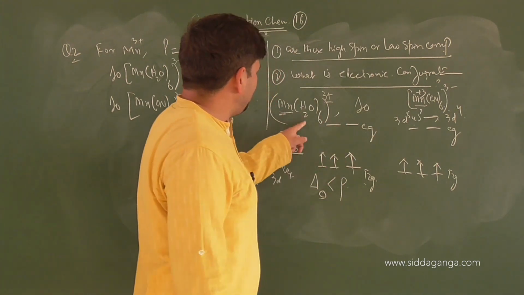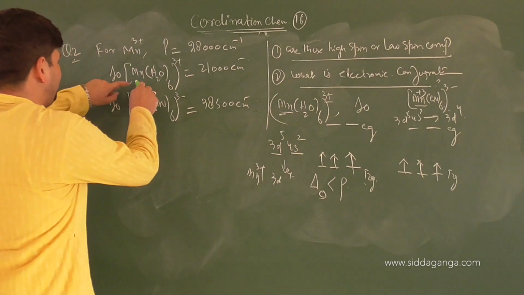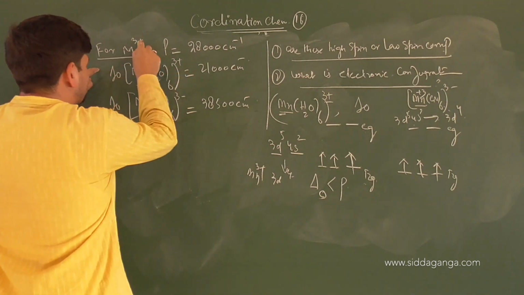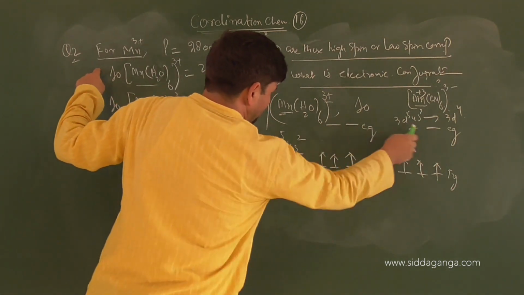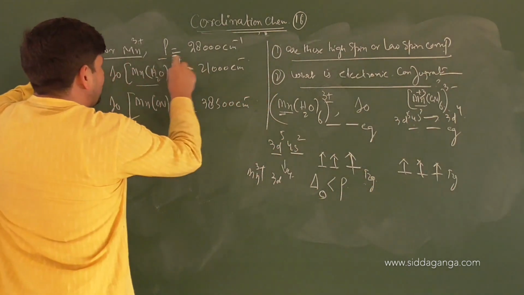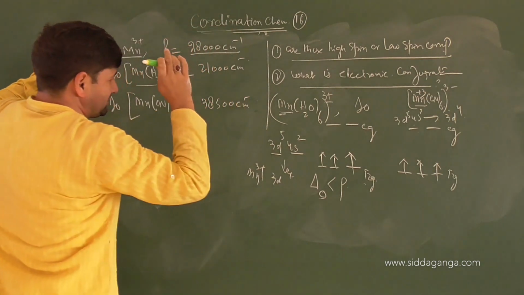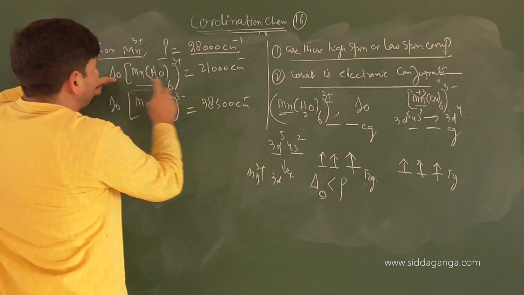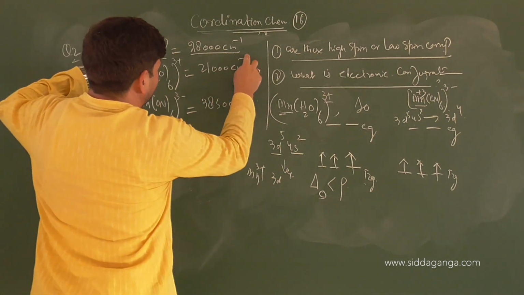Let us see for [Mn(H2O)6]3+. Because in both cases Mn is in the +3 oxidation state, the pairing energy is 2800 centimeter inverse. For manganese with water, the crystal field splitting energy is only 2100 centimeters inverse.